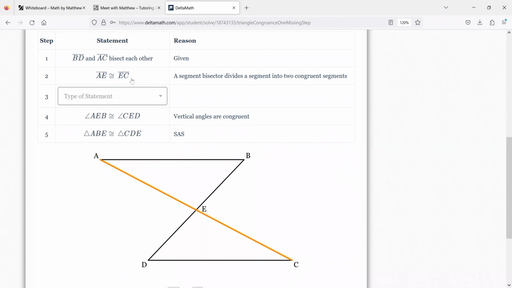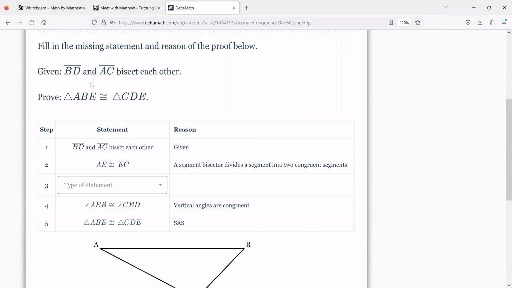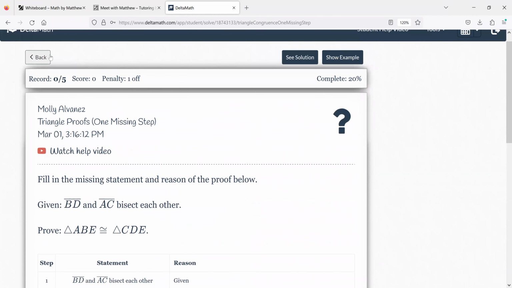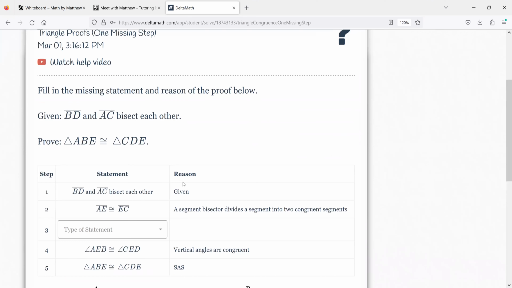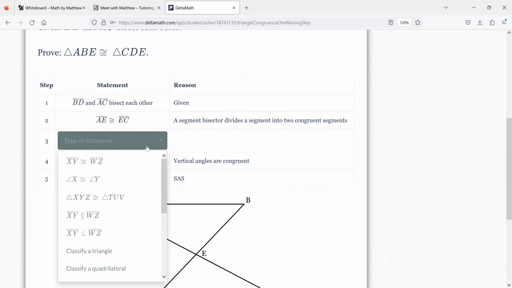Okay, so what we need to do, and I guess we could go to a new problem. If I see solution, what will that do? I don't know. Okay, so here's what I'm trying to do.